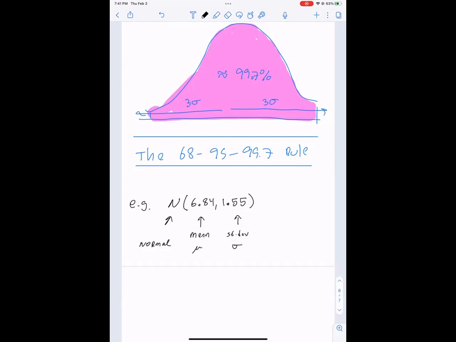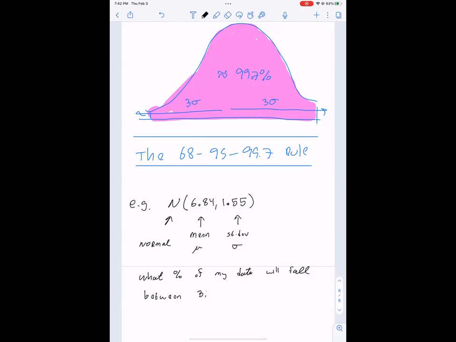Okay, so I have a situation that is being modeled by a normal distribution whose mean is 6.84 and whose standard deviation is 1.55. And the question says, what percent of my data will fall between... I don't like the one in the book, I'm going to change it a little bit.